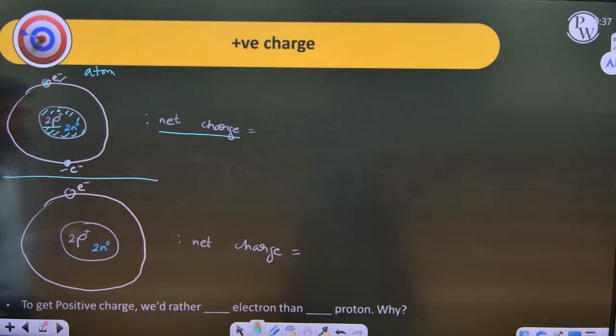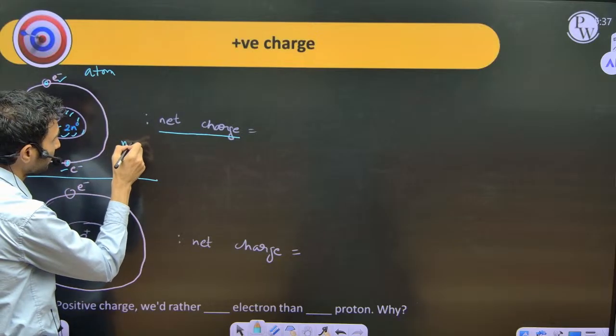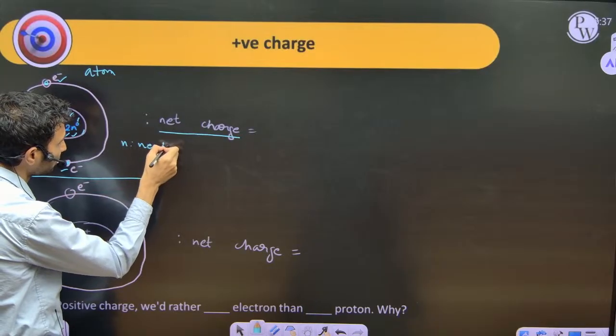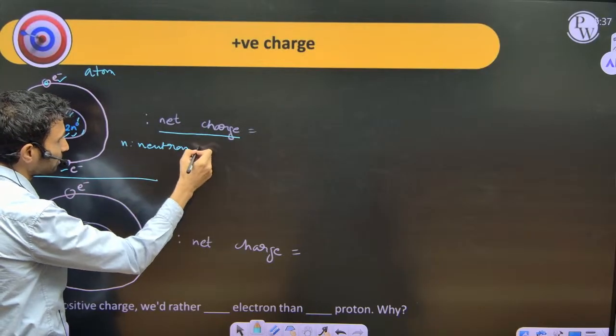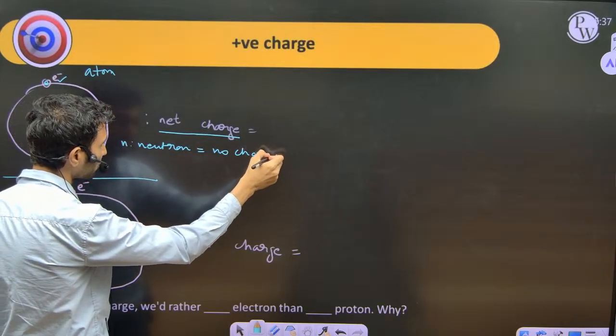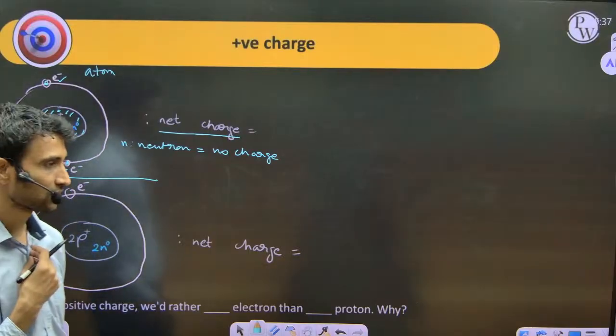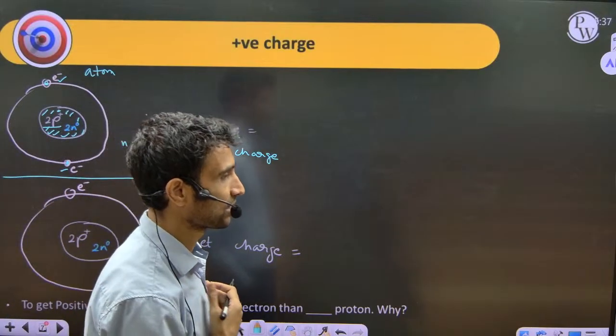So what will be the net charge? Tell me. See, your n is neutron, right? Which has got no charge. That is useless. So in determining charge, my neutrons are useless, right?